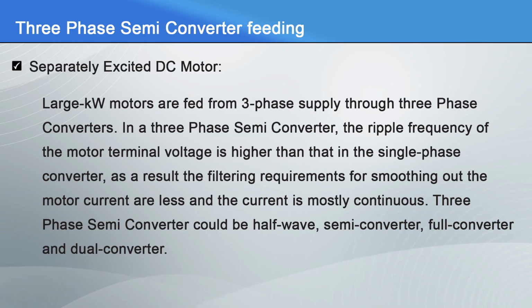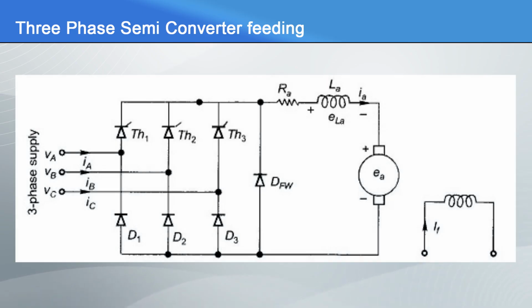As a result, the filtering requirement for smoothing out the motor current is less and the current is mostly continuous. Semi and full converters are most common in use. A dual converter is employed for reversible drive with a power rating up to several megawatt.